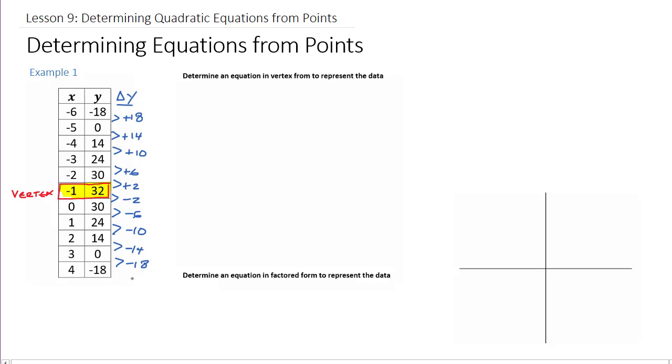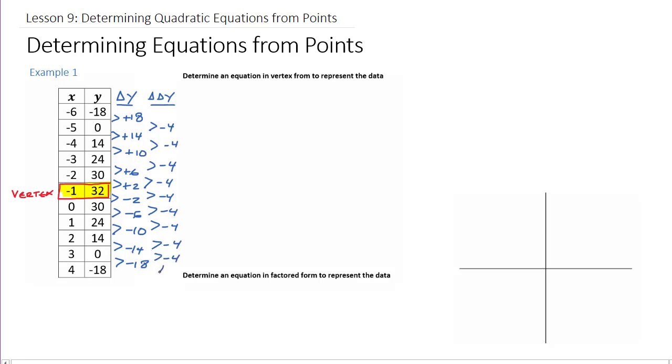Now, the first differences are not constant, so that tells us it's not linear. If we want to double check if it's quadratic, we can find the second differences. All right, so from 18 to 14, I'm going down 4. 14 to 10, I'm going down 4, down 4. Notice no matter what, I'm always going down 4. So if the second differences are constant and they're the same number every time, that tells us this is quadratic.